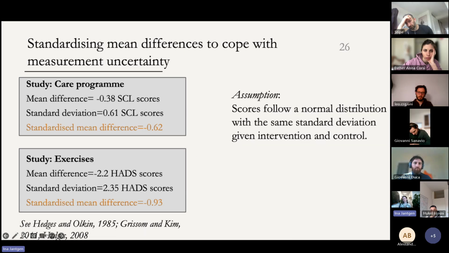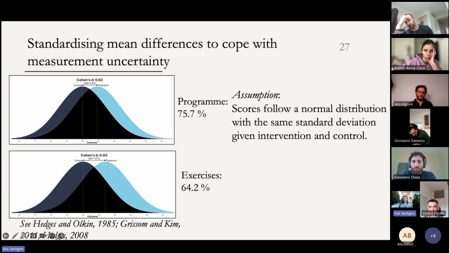Another interpretation of standardized mean differences relies on a more technical assumption, that the measurement scores all follow a normal distribution with the same standard deviation given the control and intervention. So if that assumption holds, then we can compare the standardized mean differences as representing the overlap of treatment and control group distributions.